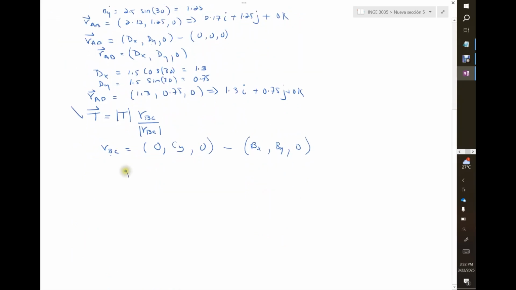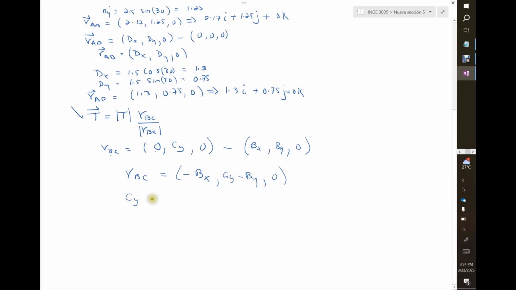So RBC equals 0 minus Bx, which is minus Bx, then we have Cy minus By, and then 0 minus 0 is 0. Perfect. So we got the point. What we need: Bx is known and By is known. What we need is Cy.